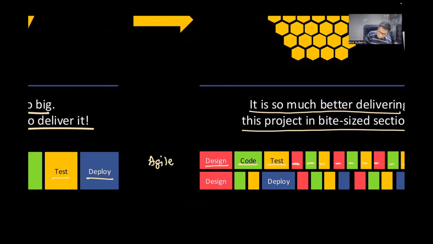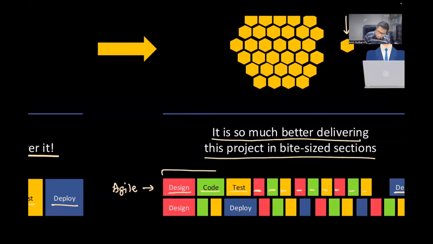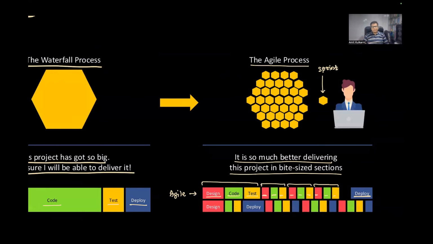Agile says, I don't want to develop the whole application at once, like what the waterfall model was doing. I'll divide that application into smaller portions, and then I'll keep looking at sprint by sprint, or portion by portion, or chunk by chunk, design, coding, and deployment. And deployment will be done towards the end of it. This is what agile says.